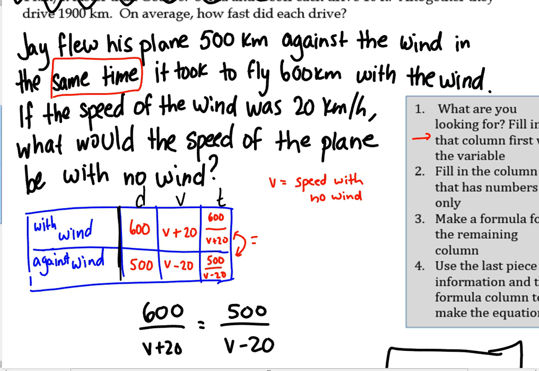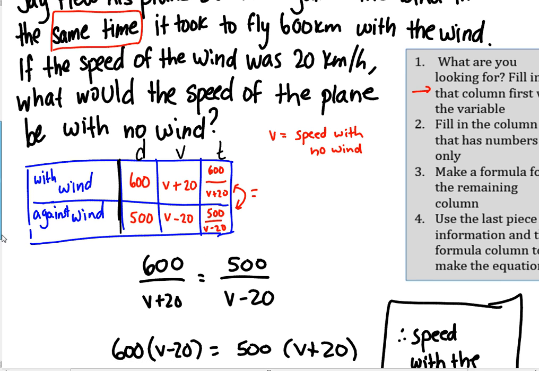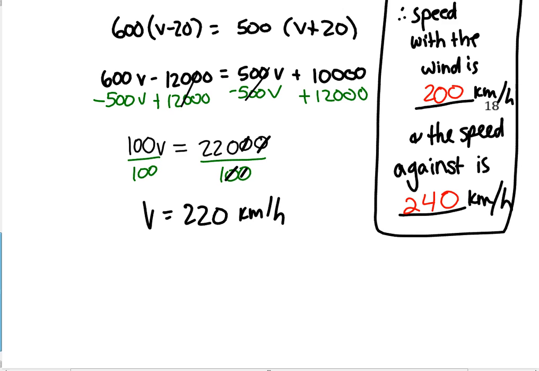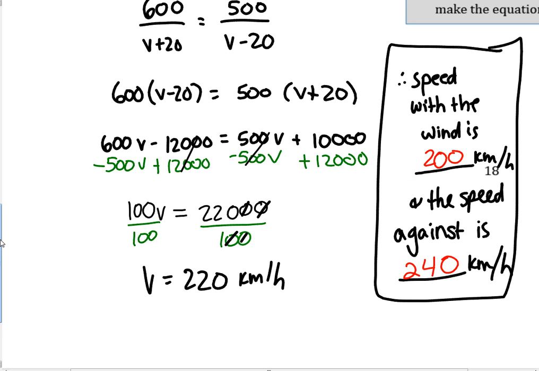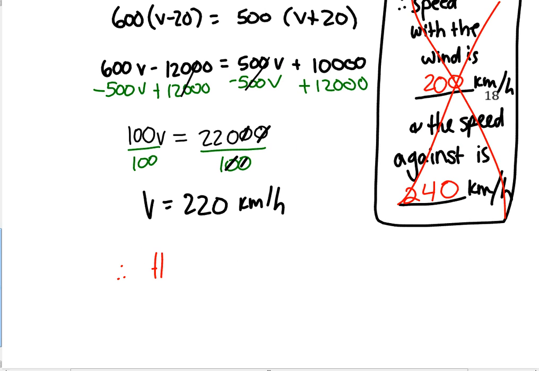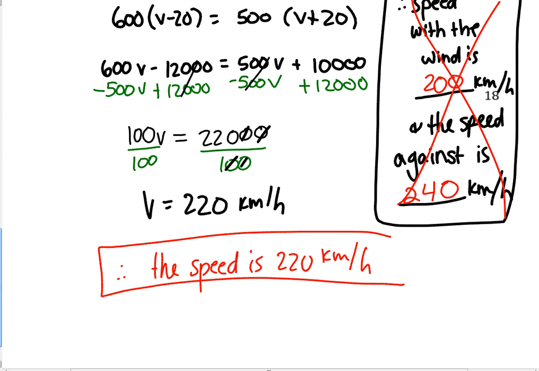So calculate the speed of the plane with no wind. You're right, the answer should just be 220. Therefore, the speed with no wind is 220. I could ask you the speed with and against, but it just asked for the speed with no wind.